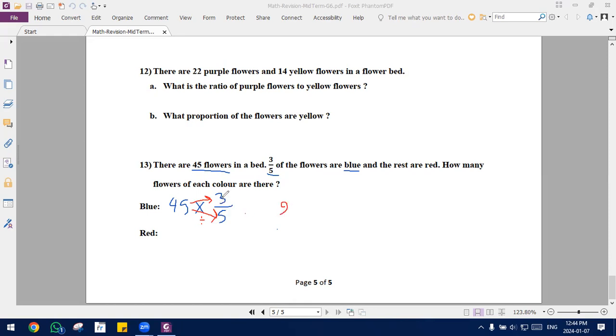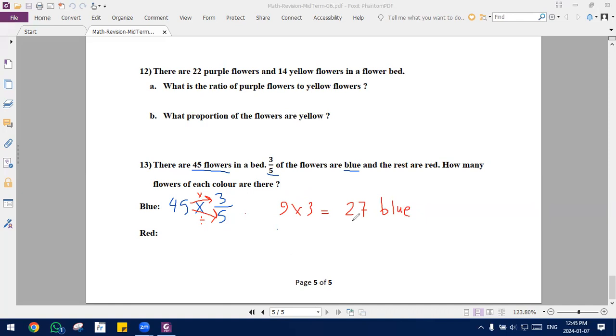Now we multiply the answer by the numerator. 9 times 3, 27. So what is it? It is 27. We should put the unit. Red flowers. Sorry, blue, because I got it from the proportion of blue.